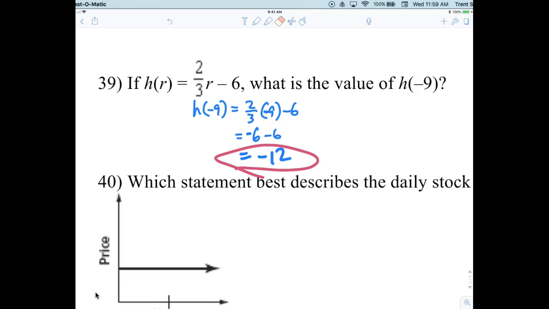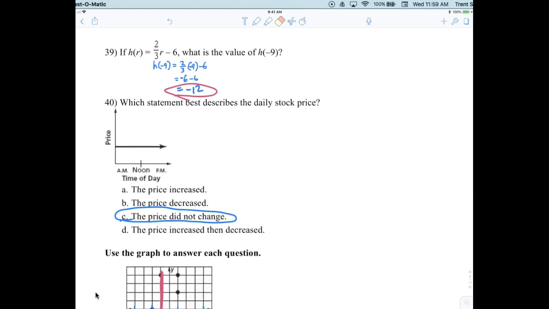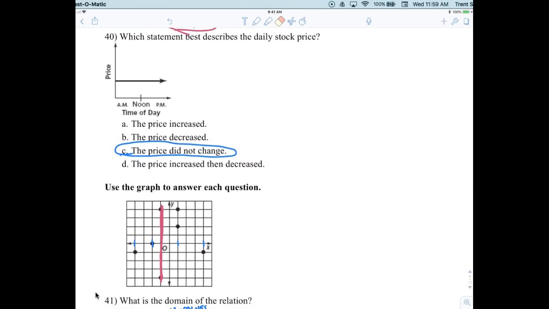Everybody good? All right. Now the next set of questions is dealing with just interpreting graphs, I think. I didn't think these were that hard, but they're very important, especially on the SAT. They always ask you about graphs. All right. So the price did not change. Is that okay with 40? Everybody good with that?